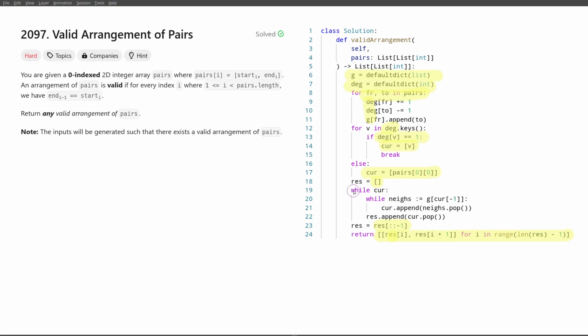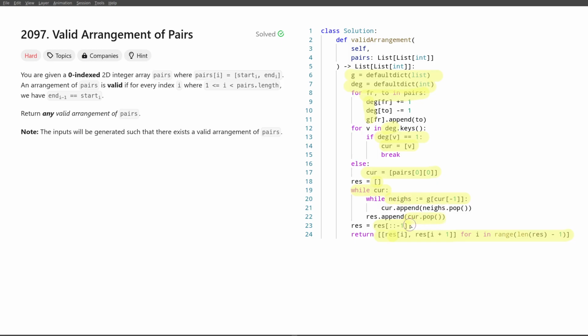While there are still some nodes that we have yet to finish visiting, we look at their neighbors. If there are no neighbors, then we are done with that vertex and we can add it finally to our result.